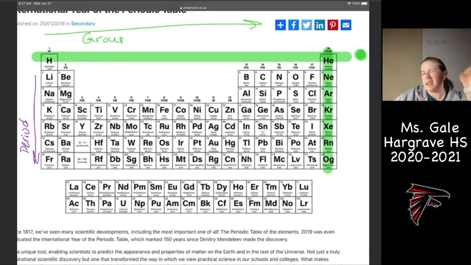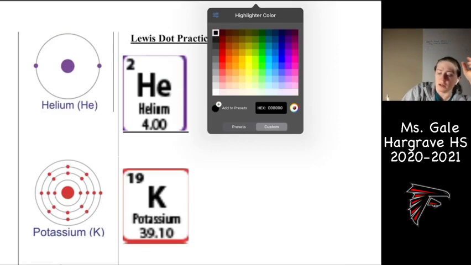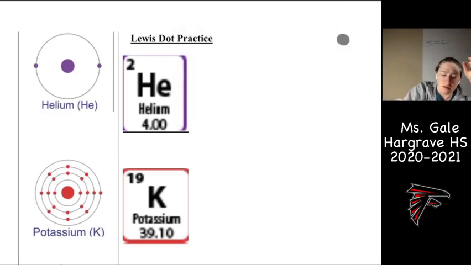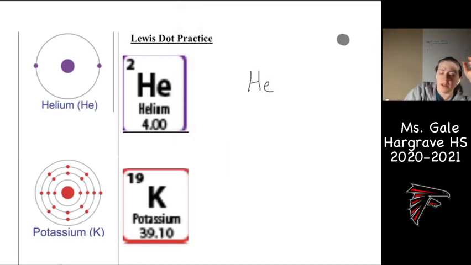I know it's a little wonky, but because its shell is completely filled, we call it a noble gas, and it's happy. It doesn't need anybody else. It can be like, yeah, go away, I'm happy. So helium has one ring. Let's go back here. We're going to draw our atomic symbol for helium, and our little box around helium.